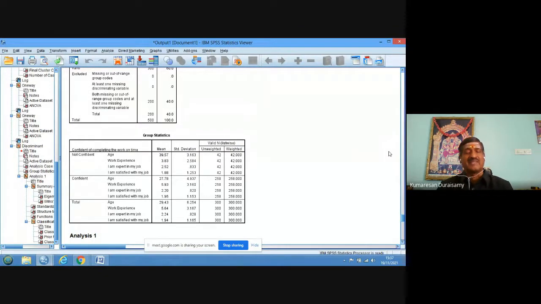Now look at the experience. Average years of experience for the not confident employees is 3.83. For the confident employees, it is 5.93. Now look at this. It is just the opposite of the previous result, because less experienced staff members have no confidence.